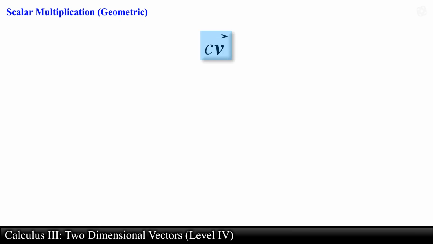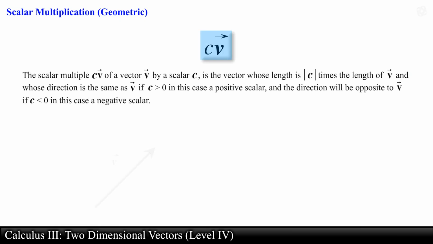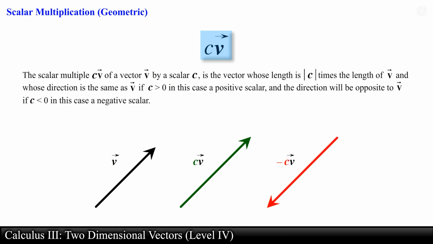In general, the scalar multiple of a vector v by a scalar c is the vector whose length is the absolute value of c times the length of vector v, and whose direction is the same as vector v if c is greater than 0, in this case, a positive scalar, and the direction will be opposite to vector v if c is less than 0, in this case, a negative scalar.